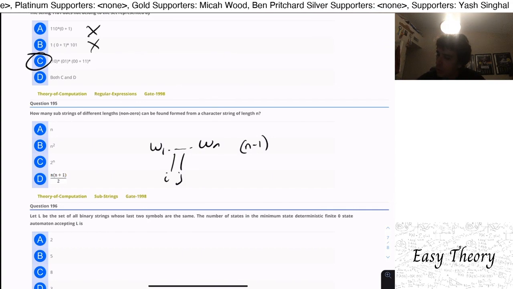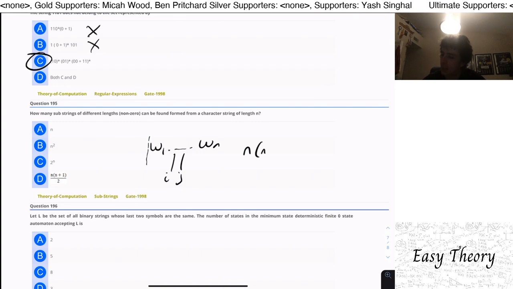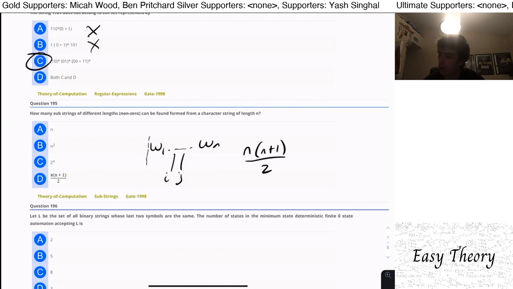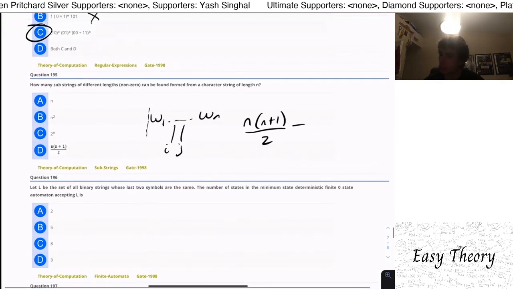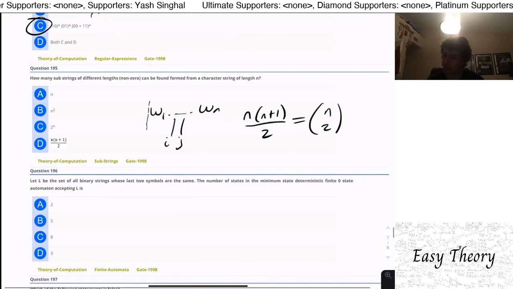Oh, no, we have more, because the i could be over here. So in fact, we have n times n plus 1 over 2. Because we're really just thinking about splitting the string into 2 pieces. So it's really just n choose 2, which is what this is. We're just splitting the string into 2 possible pieces.